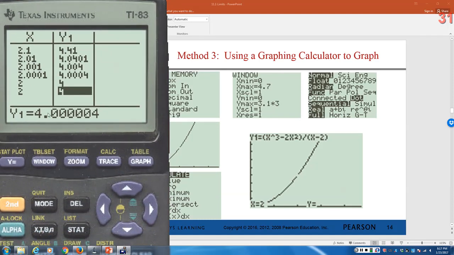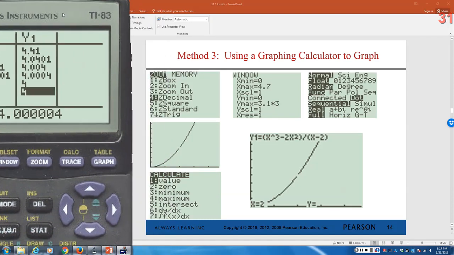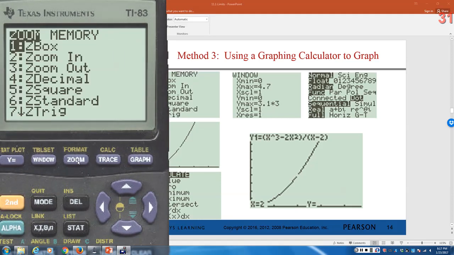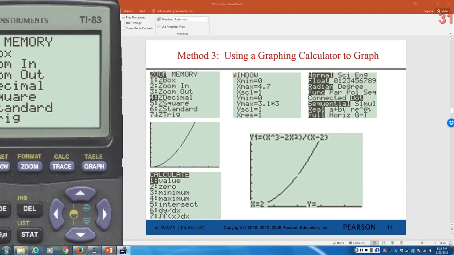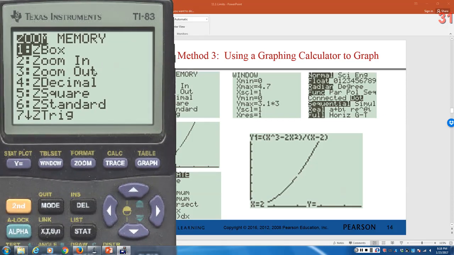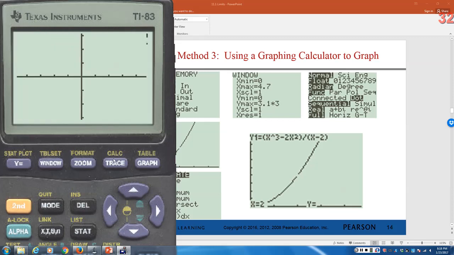So what we're going to do is we're going to go to the Zoom menu, which is right in the middle of those blue buttons, and we're going to go to zoom decimal. So we're going to arrow down to number 4 and hit enter. And there's the graph that you see.